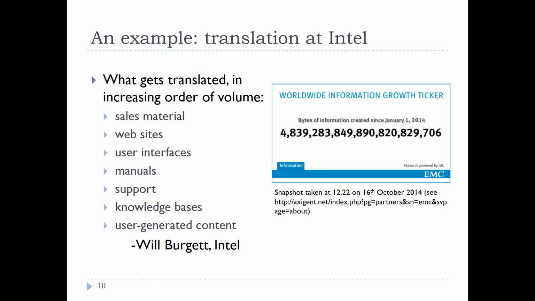But by the time you get to the other end, to the bottom of this list, with knowledge bases and user-generated content, so a knowledge base such as appears on the Intel website for people who need to troubleshoot problems they might be having with Intel products.